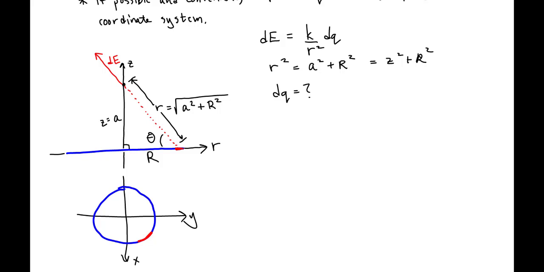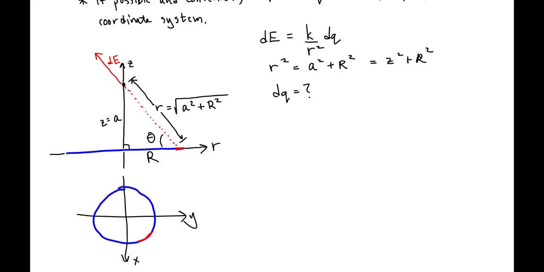Now, in order to find what that representative charge element is in terms of our coordinate system, in terms of the geometry of the problem, we should turn to what we know about charge density, because charge density provides the connection between the charge and our spatial variables.